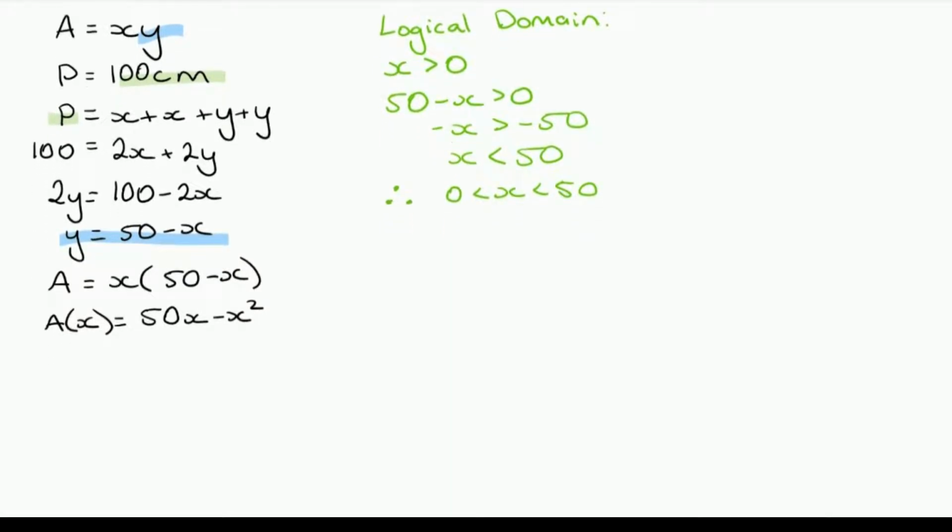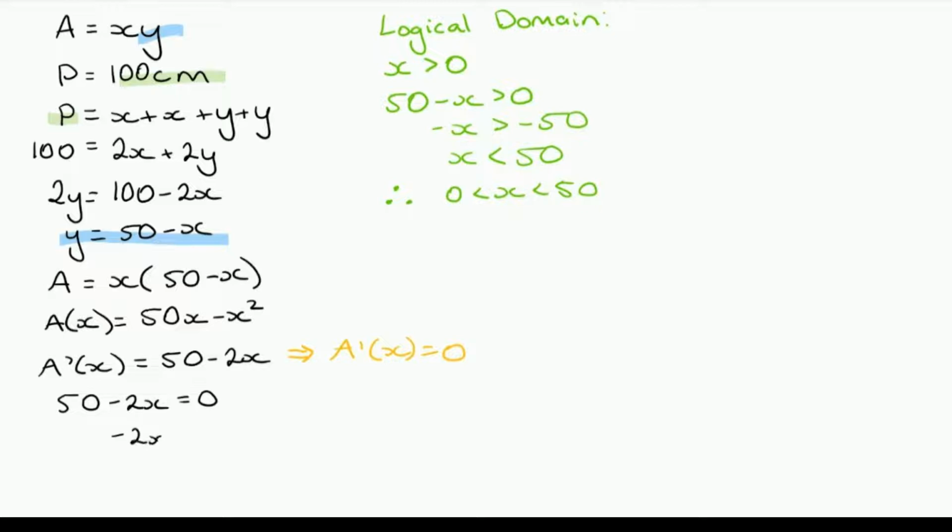Now that we have our logical domain, we can find the derivative of our area function here. So the derivative of area is equal to 50 take away 2x. And I know that to be able to find a stationary point, I need to have my derivative equal to 0. So making 50 take 2x equal to 0, I'm going to rearrange this equation to find x.